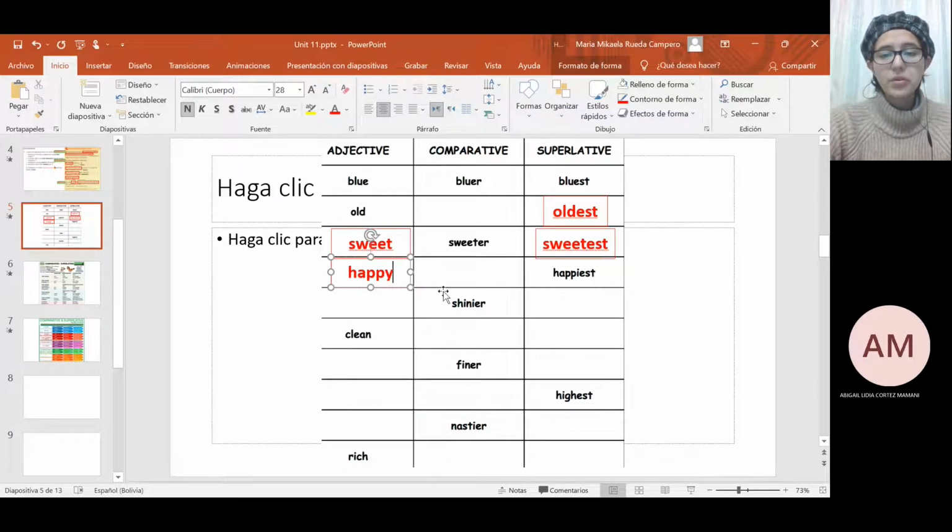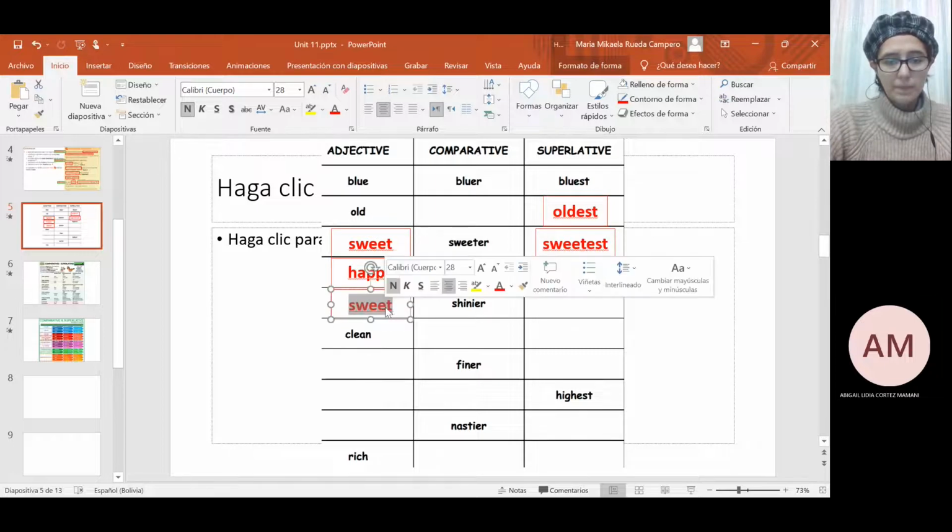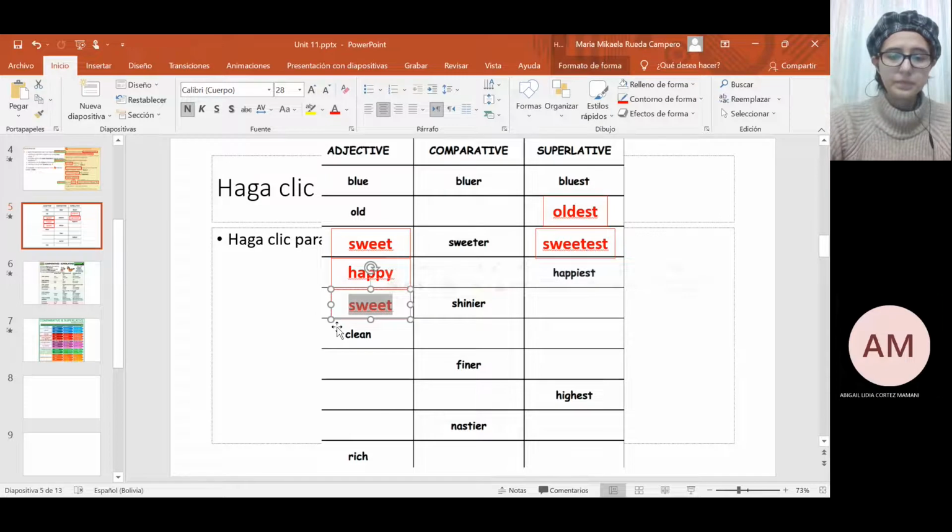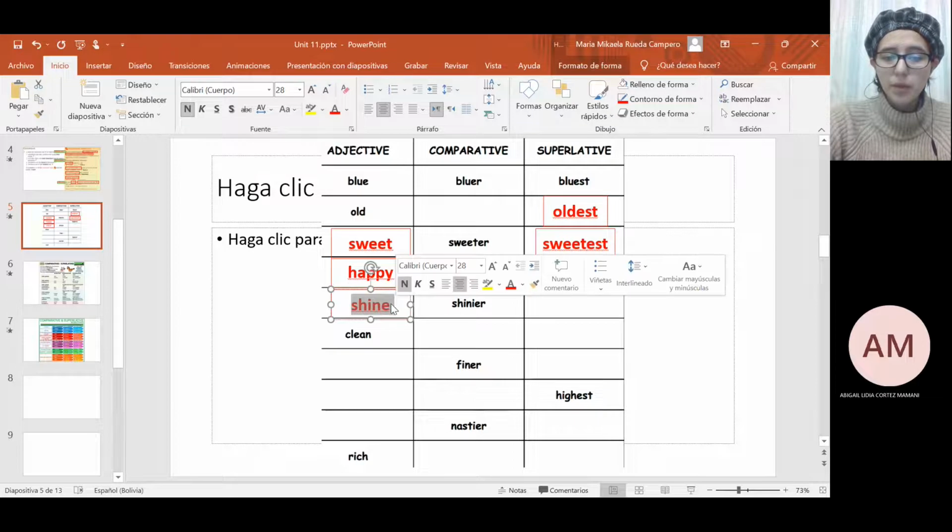Correct. If we have here the comparative form shinier, what is the adjective? You remember? Shine. Perfect. Okay. Well, remember that shine is going to be the verb. Acuérdense que shine va a ser el verbo brillar.